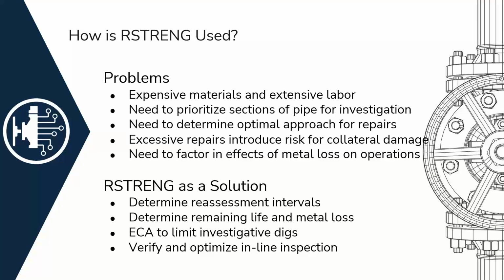And this is important because we're looking at a way to get the best bang for our buck. In other words, we need to determine the optimal approach for repairs. Can we put a composite sleeve on, or maybe we need to do a pressurized Type B sleeve? These are the kind of things we need to be thinking about.